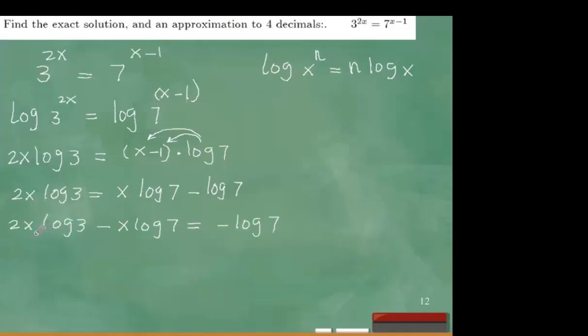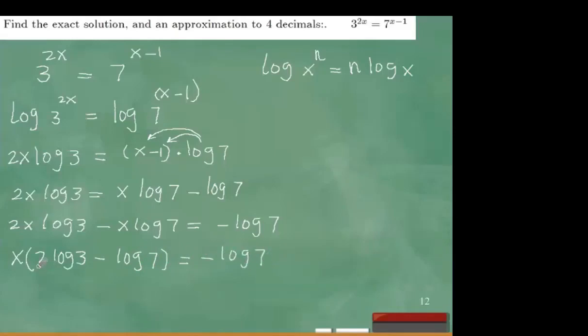To solve for x, I need to factor the x out. So it would be x times 2 log of 3. Again, 2 log of 3 is a number. Minus log of 7 also is a number. We use our calculator to evaluate these. Equal to minus log of 7.